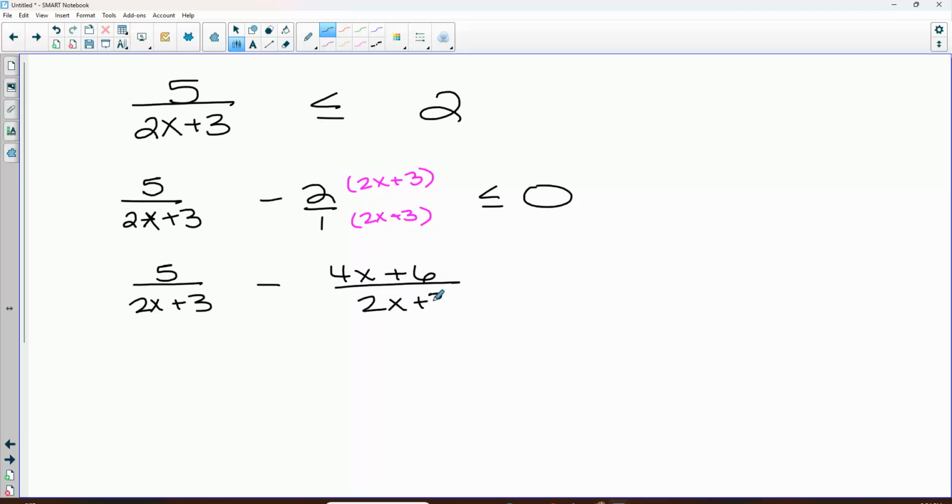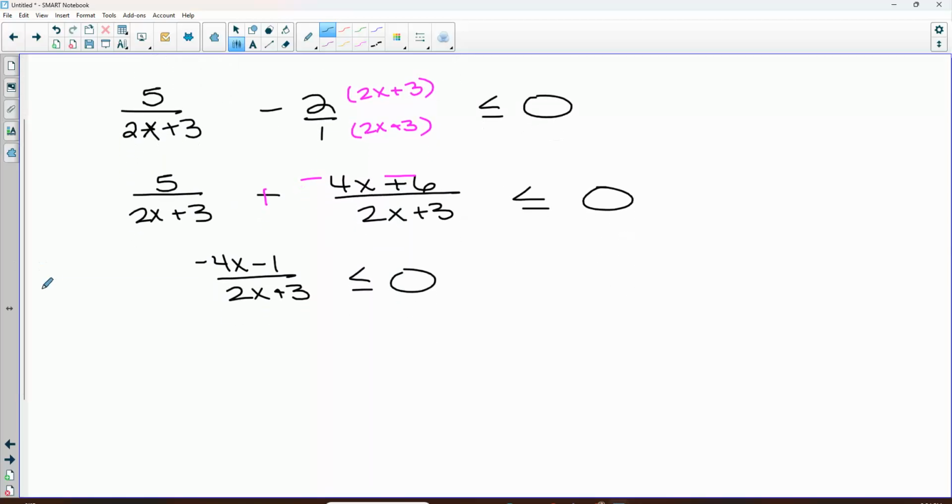All right, this is a place where I'm seeing mistakes on these inequality problems. This minus right here, I need to distribute it all the way through. So then when I put them together, I have a -4x minus 1 over 2x plus 3, less than or equal to 0. Now we have the proper setup. Sometimes it's this way from the start, other times we have to do all this work to get there.